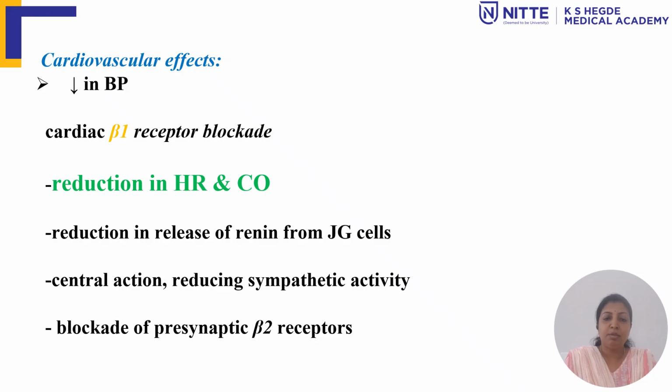Also there is some amount of central action; it can reduce the sympathetic activity, and it can also block the presynaptic beta 2 receptors. If you remember, presynaptic beta 2 receptors are facilitatory. So when you block those, there is reduced noradrenaline or norepinephrine release from the sympathetic terminal.